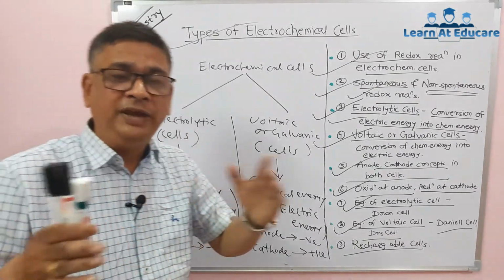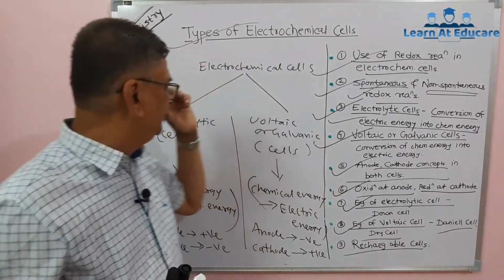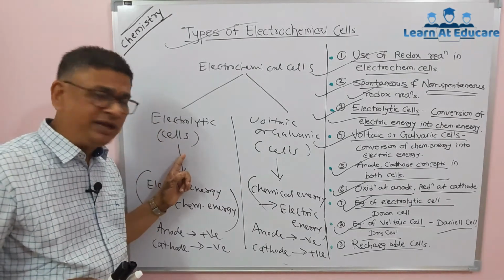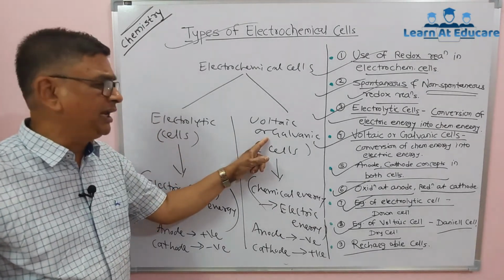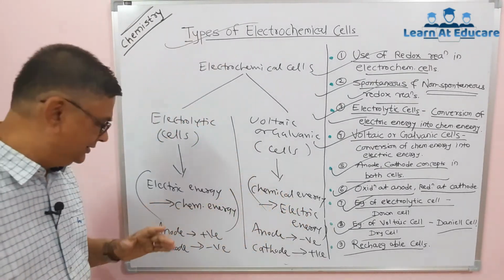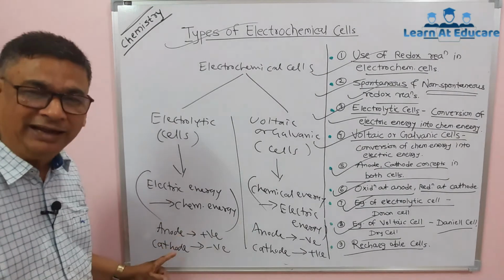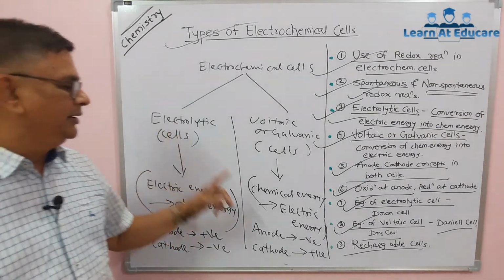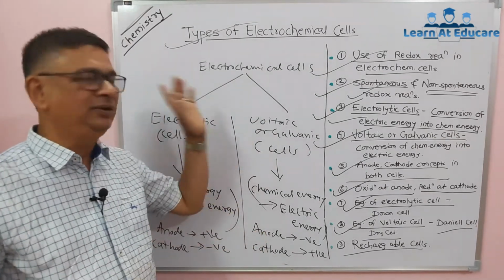But two things are very opposite. In the electrolytic cell, non-spontaneous redox reaction. In the voltaic cell, spontaneous redox reaction. And the other very important thing is the anode cathode polarity: anode positive, cathode negative in the electrolytic cell; anode negative, cathode positive in the voltaic cell.